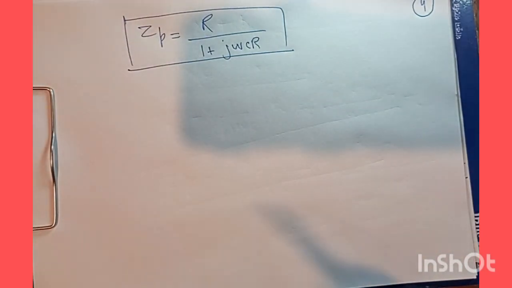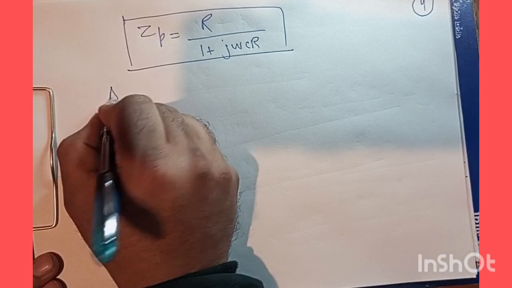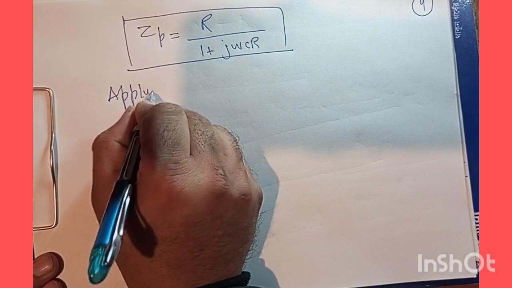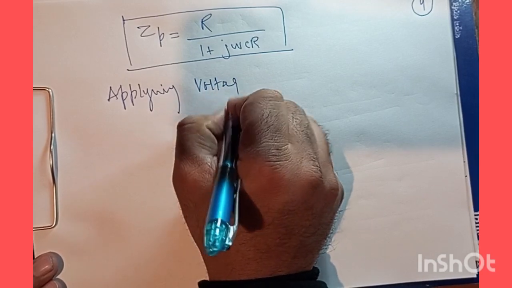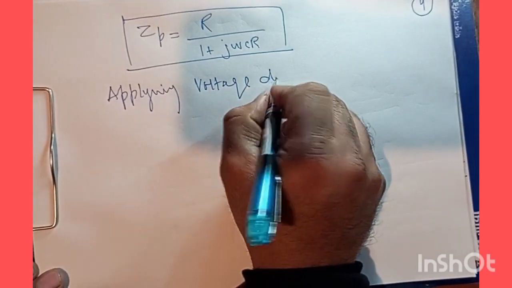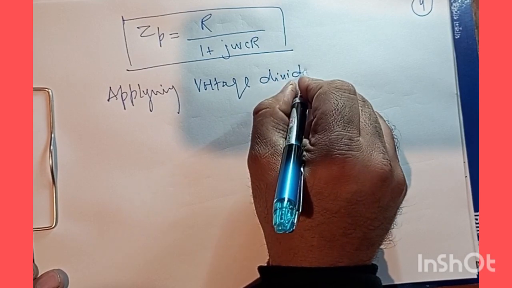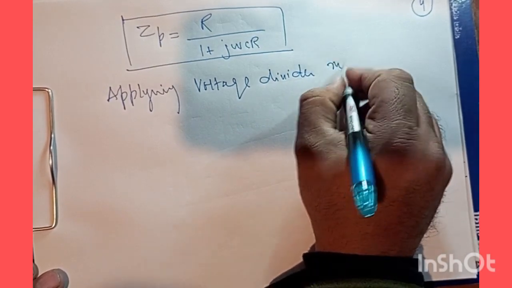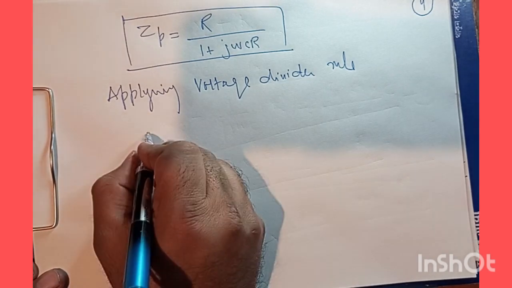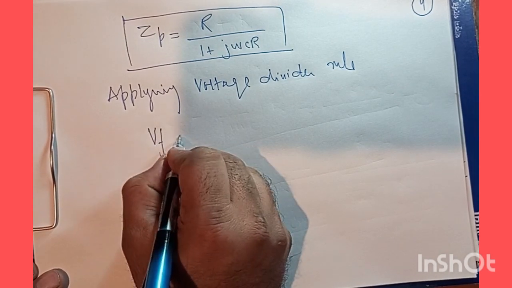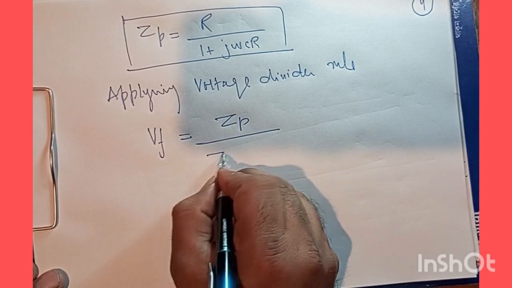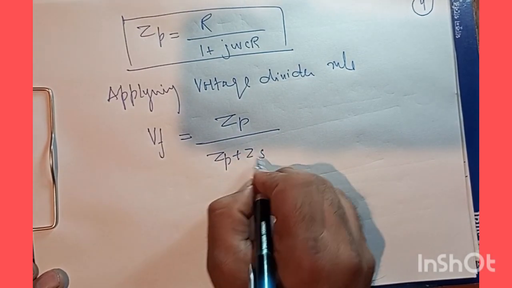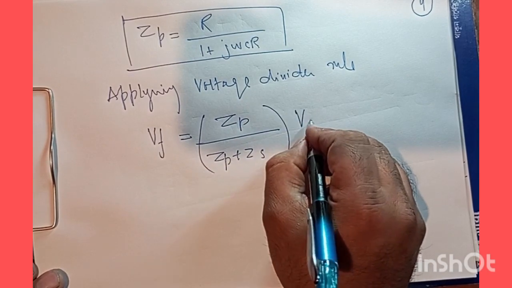So applying the voltage divider rule, when we do that, we will have VF equal to ZP divided by ZP plus ZS times V out.